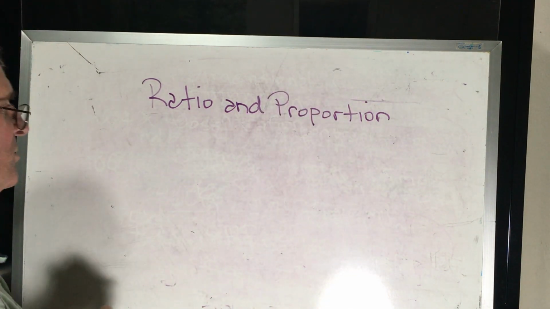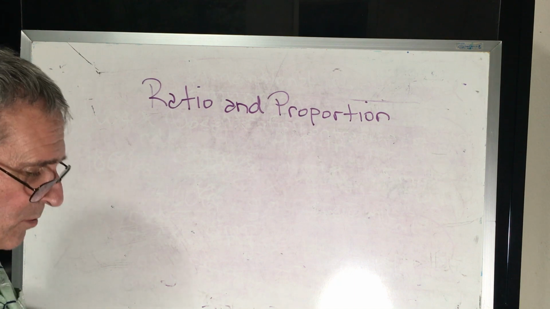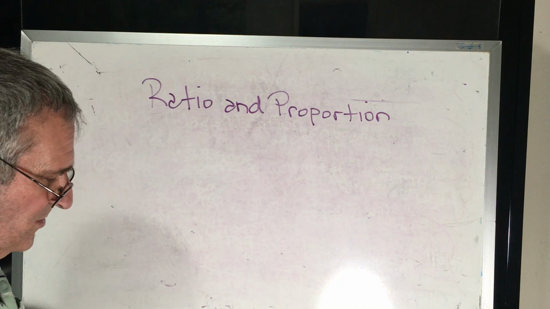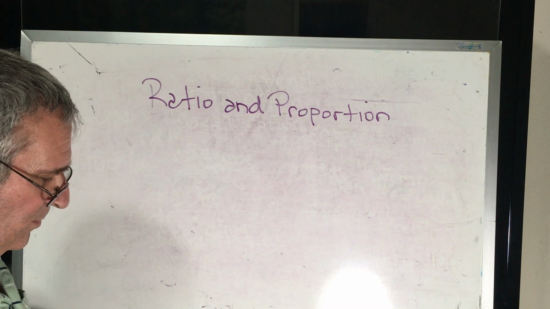Okay, ratio and proportion. That's a little bit of algebra, so if you ever wondered what you used algebra for, this is what you'd use it for. Let me find one that would be good for that.